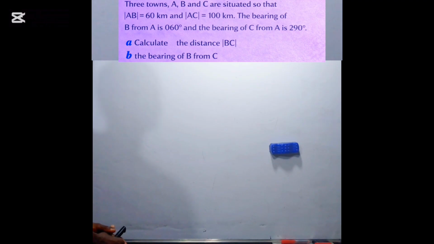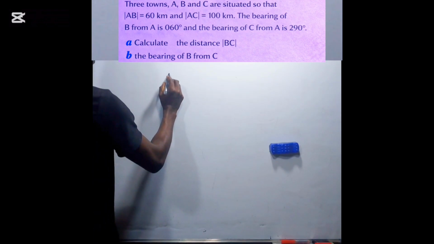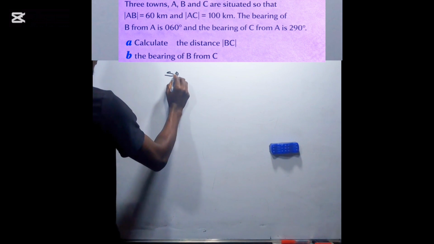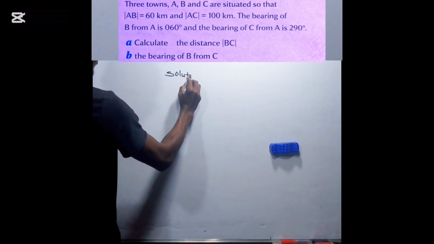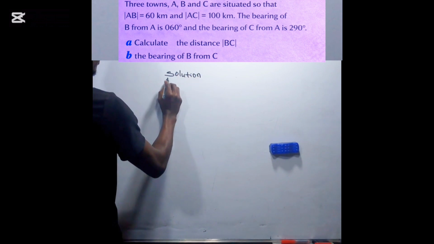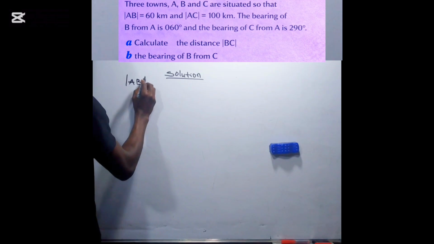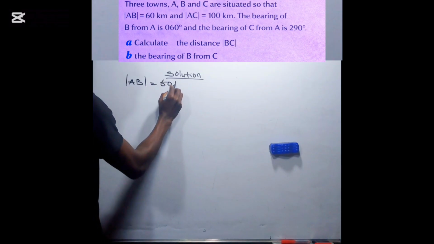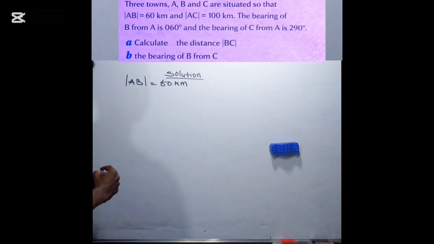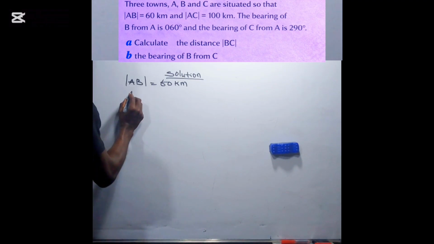Three towns, A, B, and C, are situated so that AB is equal to 60 kilometers. From the question, distance AB is 60 kilometers and AC is 100 kilometers.